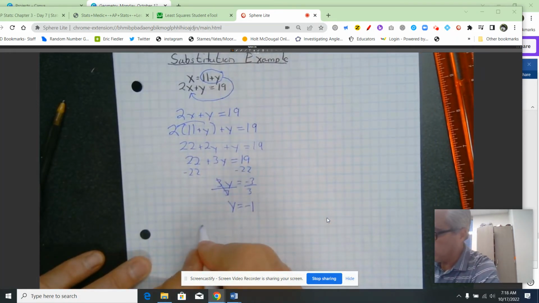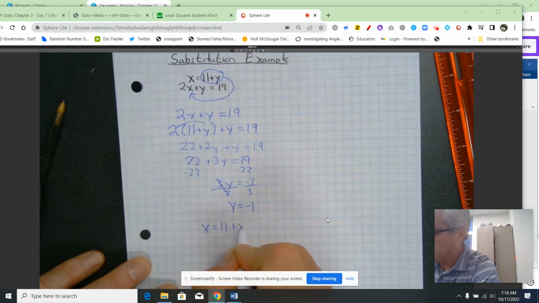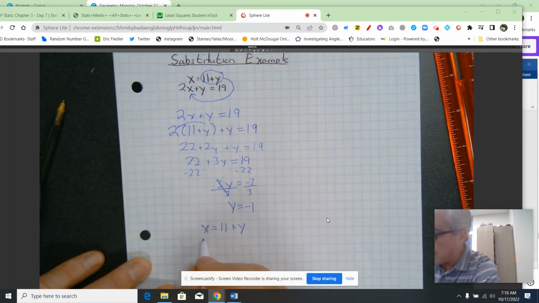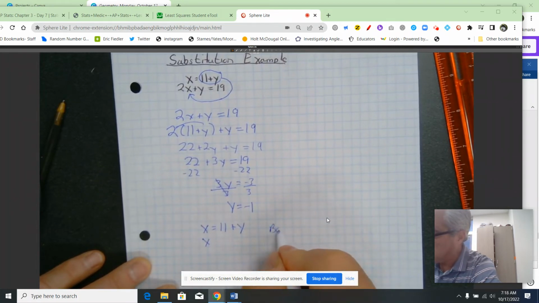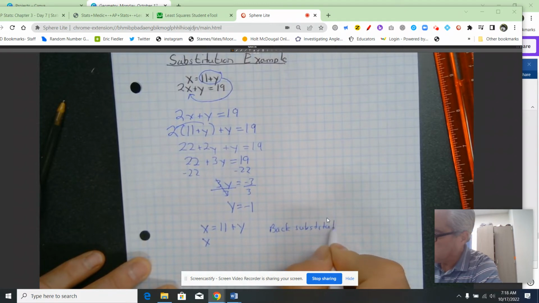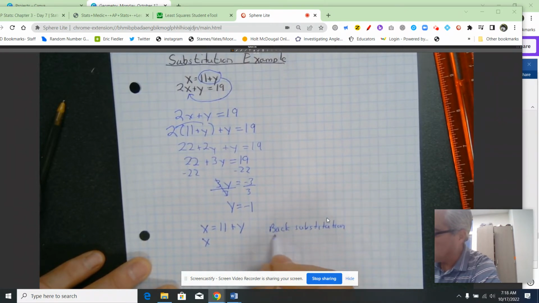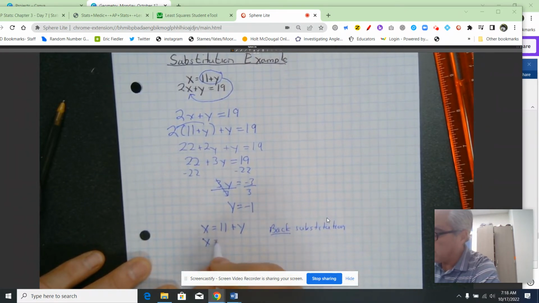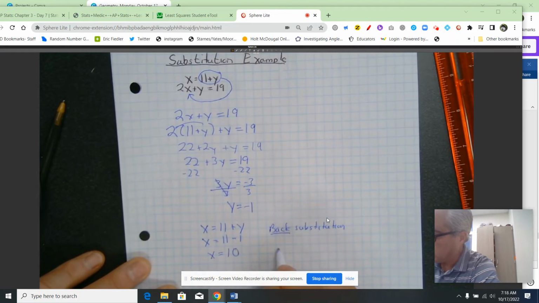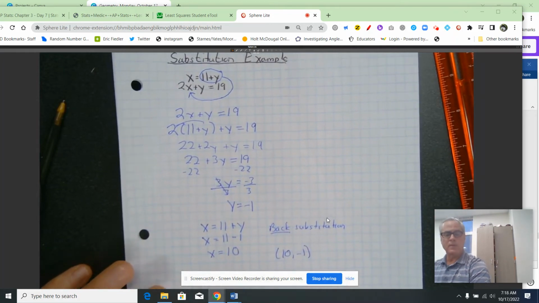Well, if you look, we have two equations that involve x at the beginning. If I back substitute, this is called back substitution, go back to the beginning is what the back stands for, and put in the negative 1 for y. I get x equals 10, and so I get the solution of 10, negative 1, which is the same thing that I got from graphing.